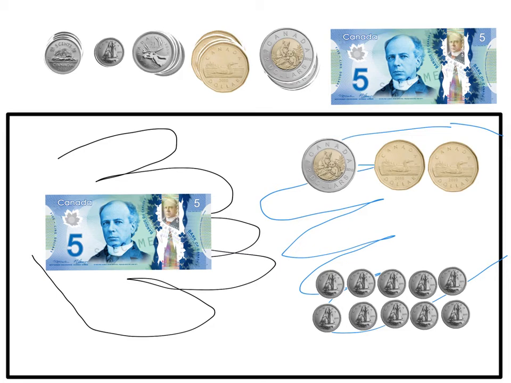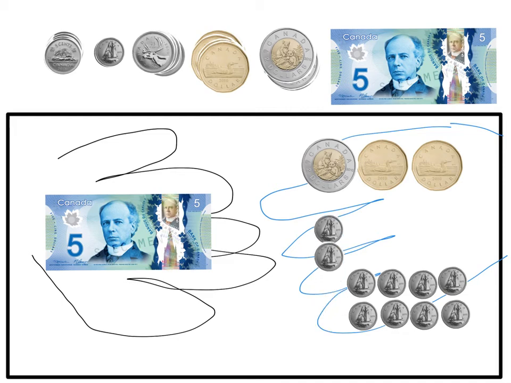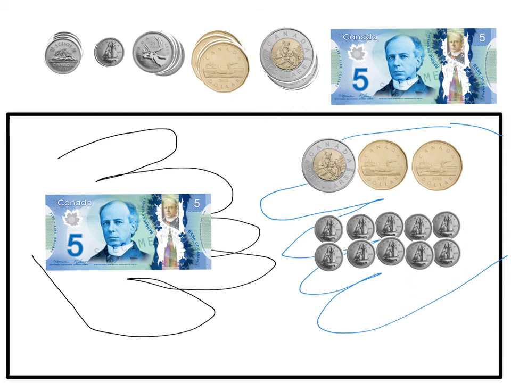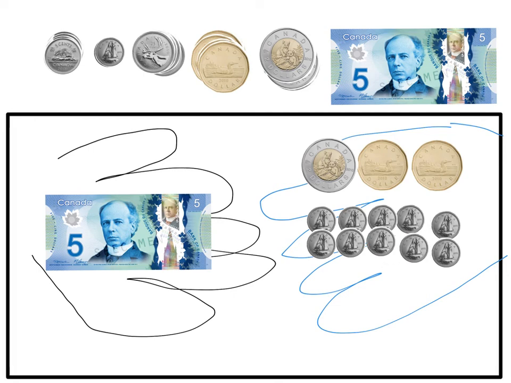So $2, $3, $4, and then we have 1, 2, 3, 4, 5, 6, 7, 8, 9, 10. That's another dollar because it's 10, 20, 30, 40, 50, 60, 70, 80, 90, and $1. So that's the same.